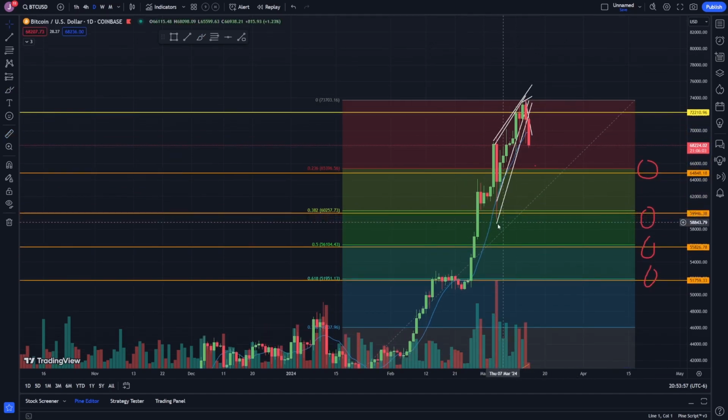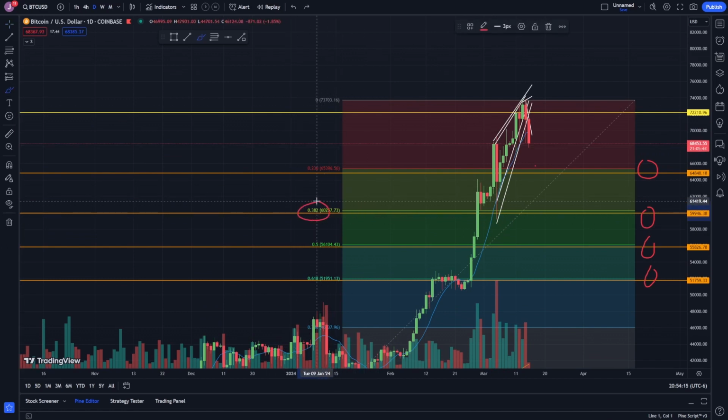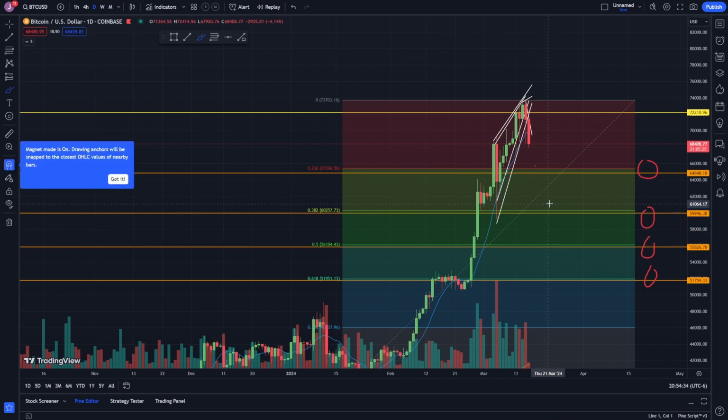Maybe the 38% level. I think this one's a pretty good one to watch. The 50% level will also be a good spot to look at as well. Sometimes it'll come down here and then wick down, boom, and then it catches.